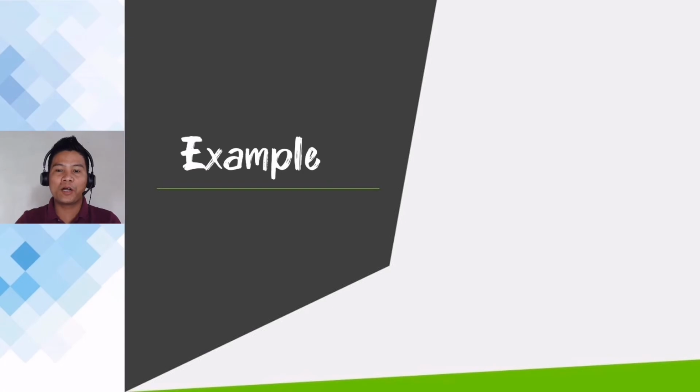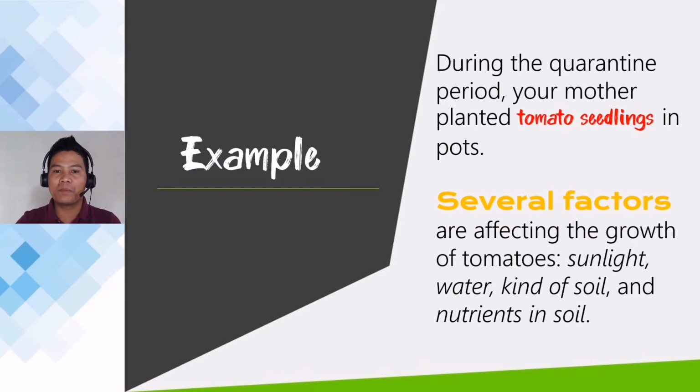Let us have a more common example to understand further the independent variable and dependent variable. During quarantine period, your mother planted tomato seedlings in pots. Several factors are affecting the growth of tomatoes.